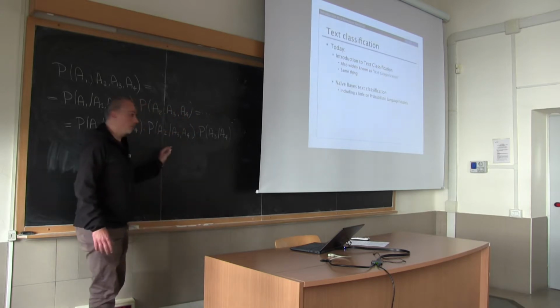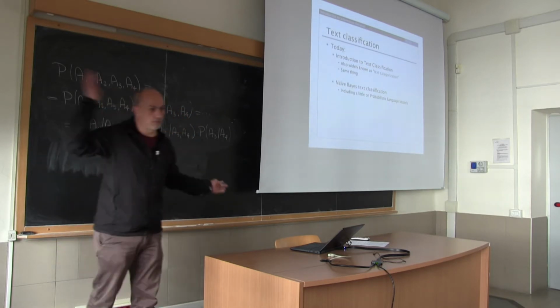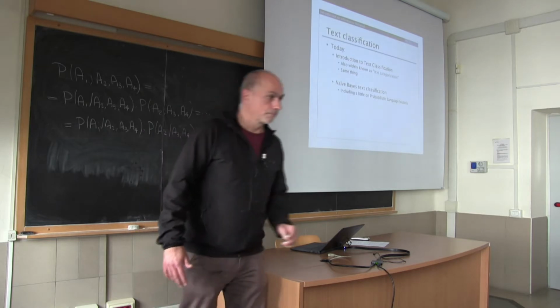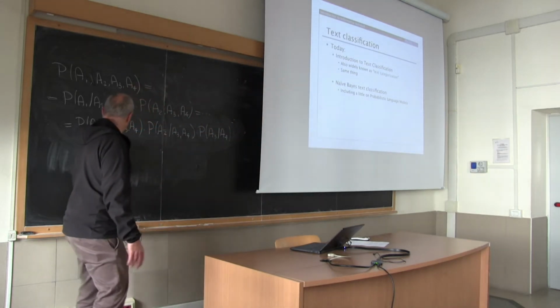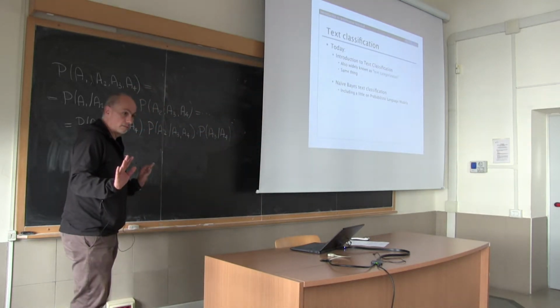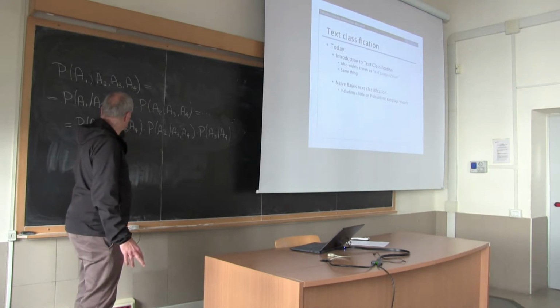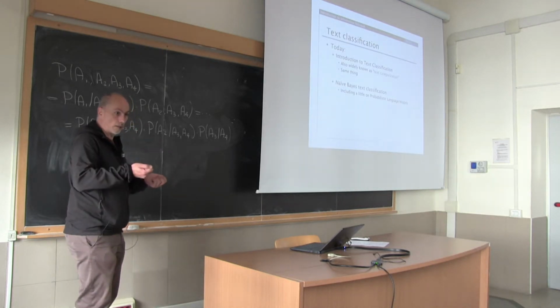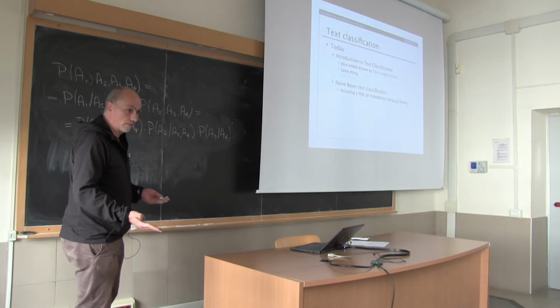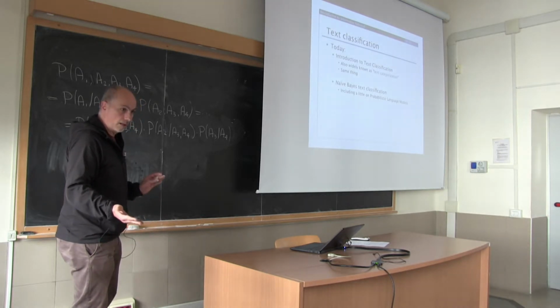This is always true. Of course, I did it for 4 events. You can do it for an arbitrary number of events. Notice that I am making no assumption here. I'm just considering the fact that these are also events, and it is a conjunction of events. So I'm just applying the definition of conditional probability. Okay?